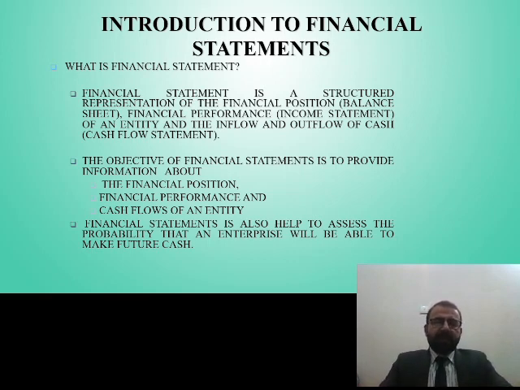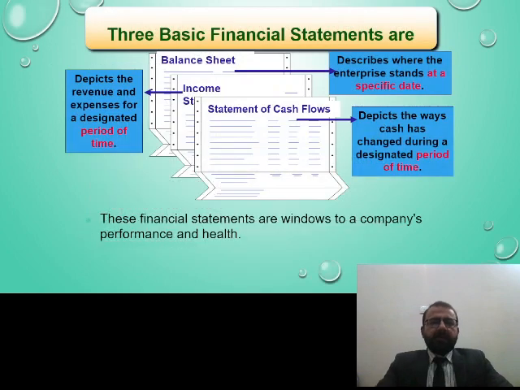Financial statements also help to assess the probability that an enterprise will be able to generate future cash flows. The basic financial statements are the balance sheet, income statement, and statement of cash flows. The balance sheet describes where the enterprise stands at a specific date.